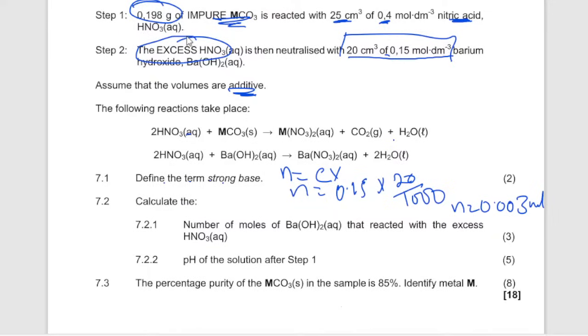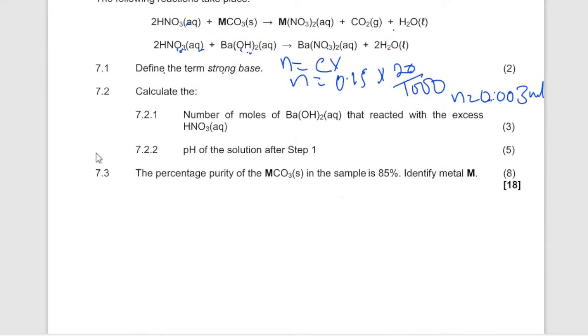Understand? Yes. But now we first have to compare the number of moles of barium hydroxide to the nitric acid, because we know the number of moles of barium hydroxide, then automatically we can find the number of moles. Okay, let's start by saying that mole ratio.